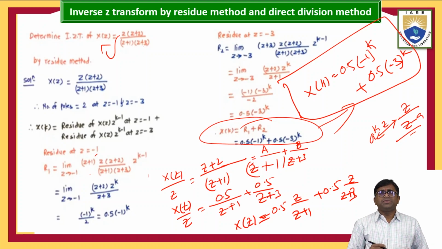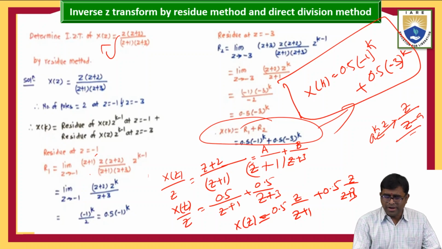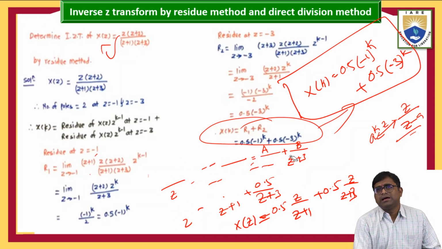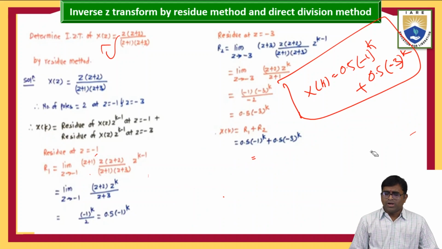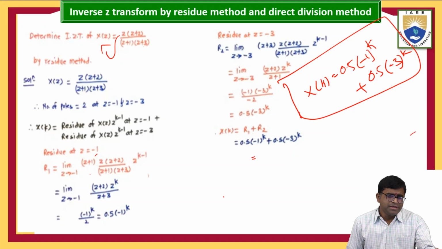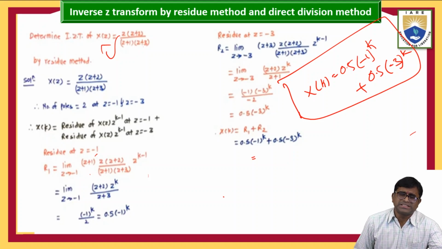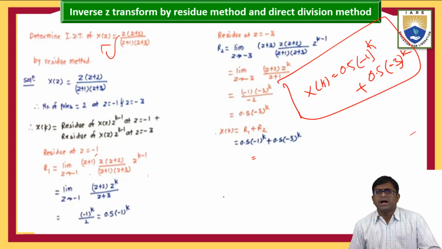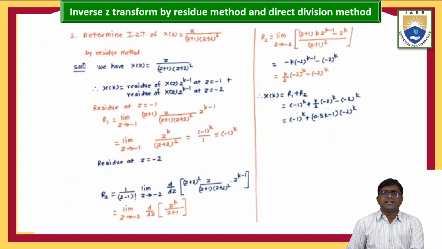We got the same answer in the case of the partial fraction method and the residue method. Now I am going to another problem, that is z by z plus 1 into z plus 2 whole square.